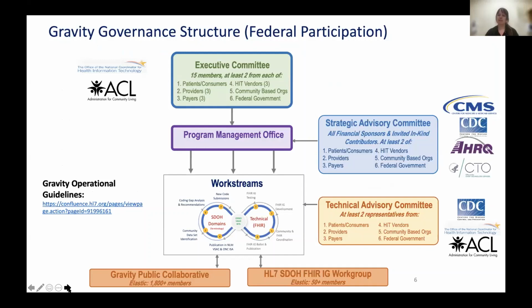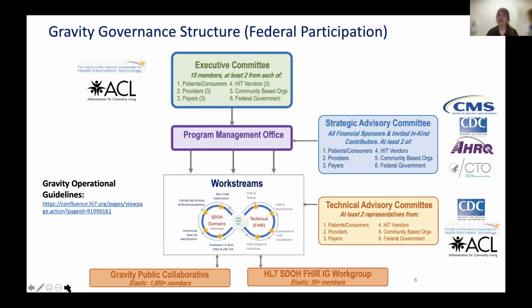I want to pause and just say, you can see in each of our committees, we have intentional stakeholder representation. And so we have representation from patients and consumers, providers, payers, vendors, community-based organizations, because as we say in Gravity, we might identify problems in clinical settings, but we solve them in communities. And then the federal government.